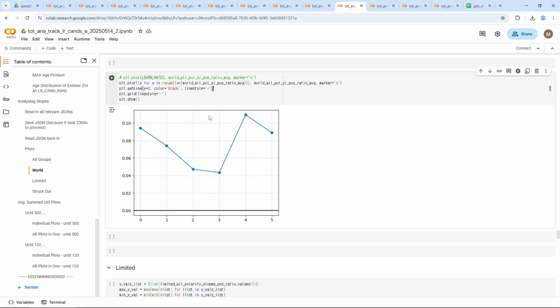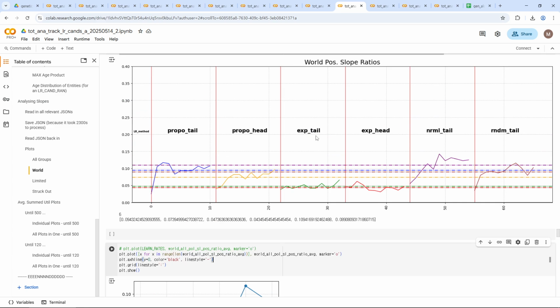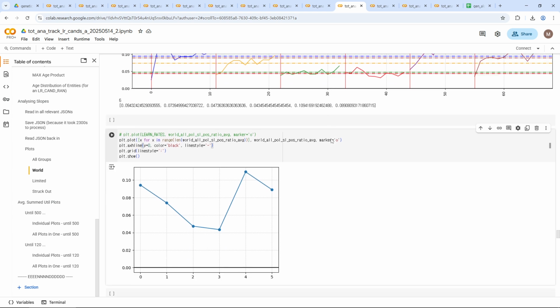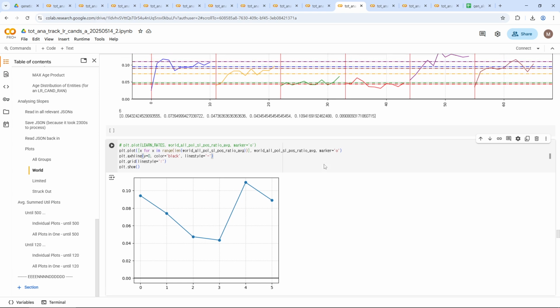So on to the next one, exponential tail, the candidate method. So this is what it looks like. And this is what the averages per color look like.